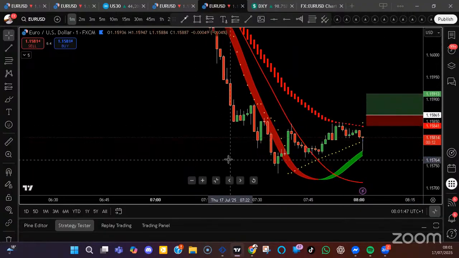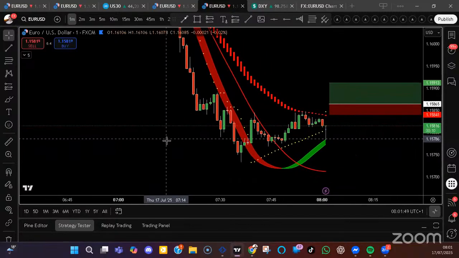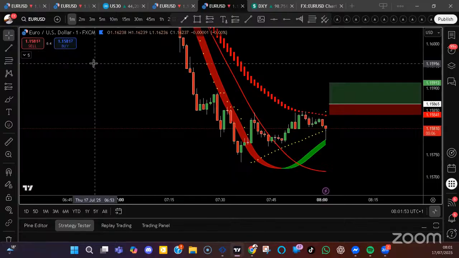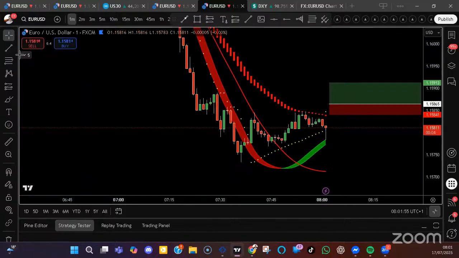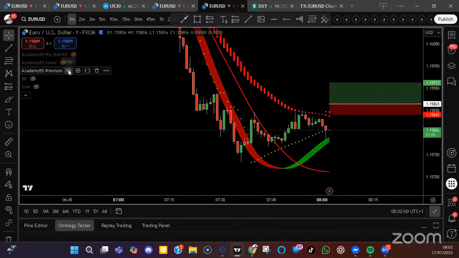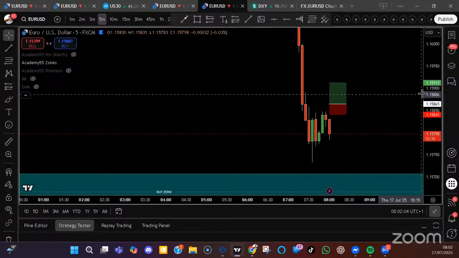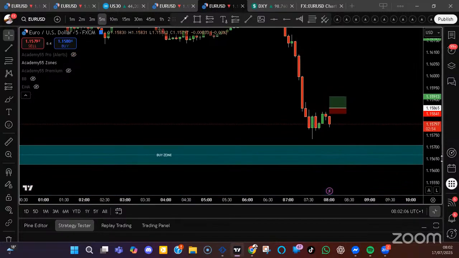So that may, I'll keep a close eye on this, but that might give us time to have a quick look at the bigger picture. Turn the indicators off. Going on the 5 minute. That's where we are.